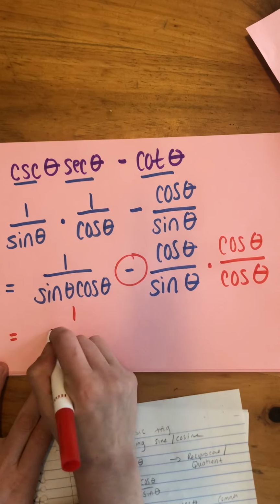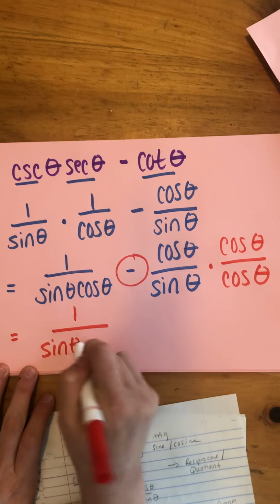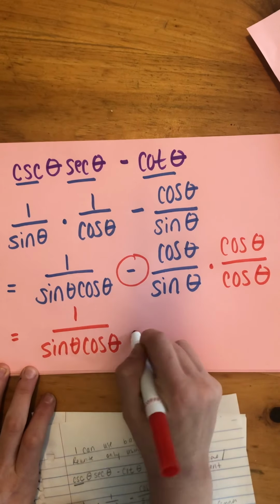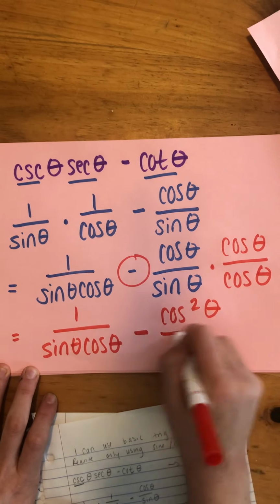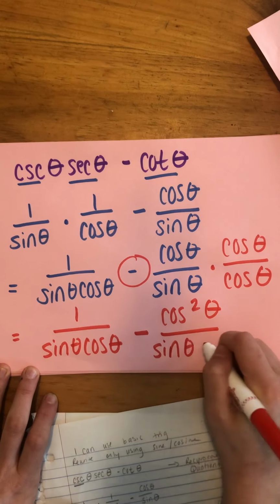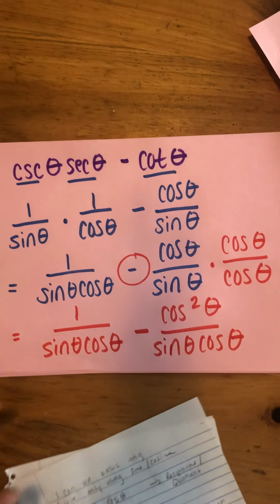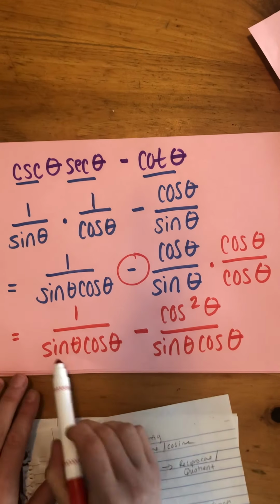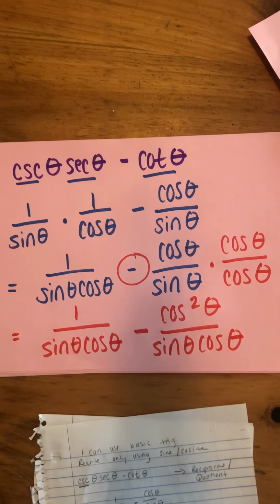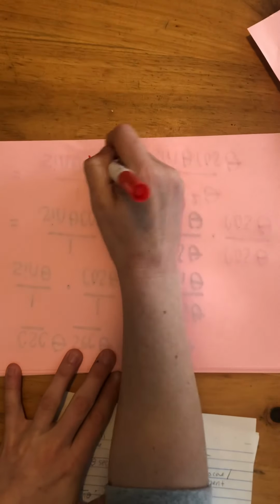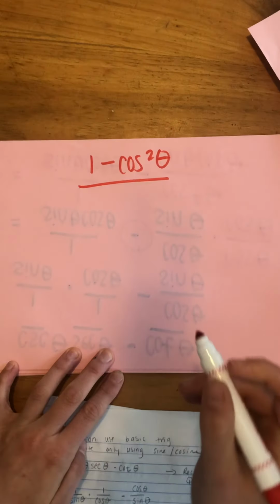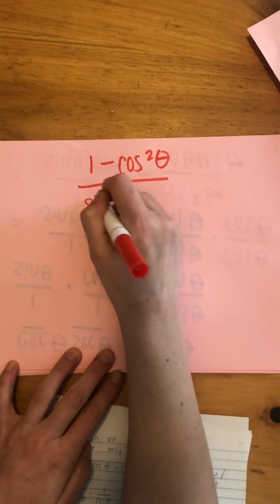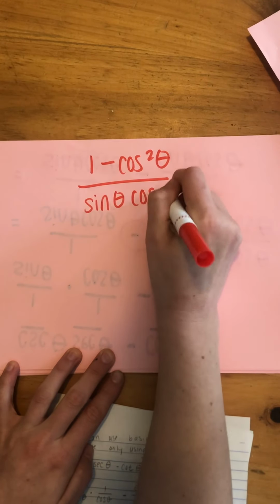So we get 1 over sine theta cosine theta minus cosine times cosine, which is cosine squared theta, over sine theta cosine theta. So now we have common denominators and we can subtract. And so we just get 1 minus cosine squared theta over sine theta cosine theta.